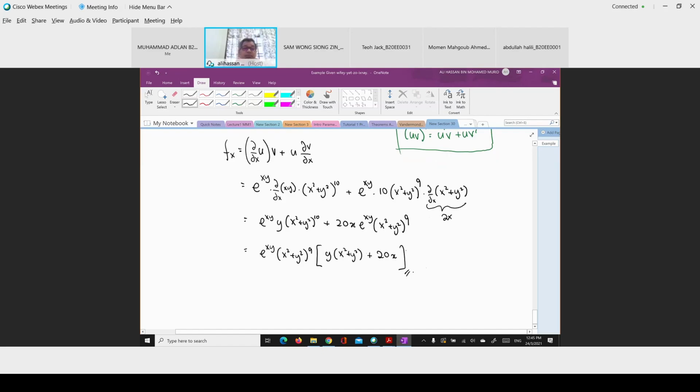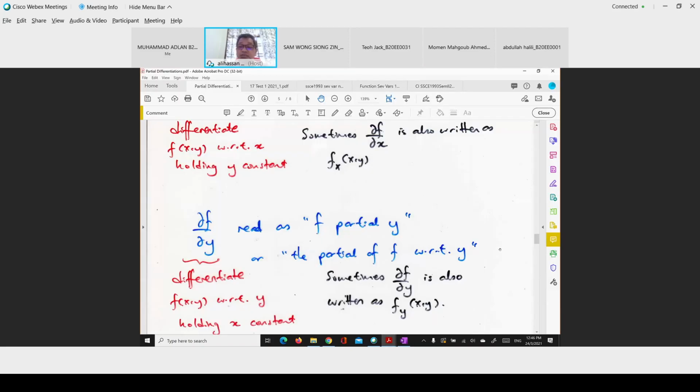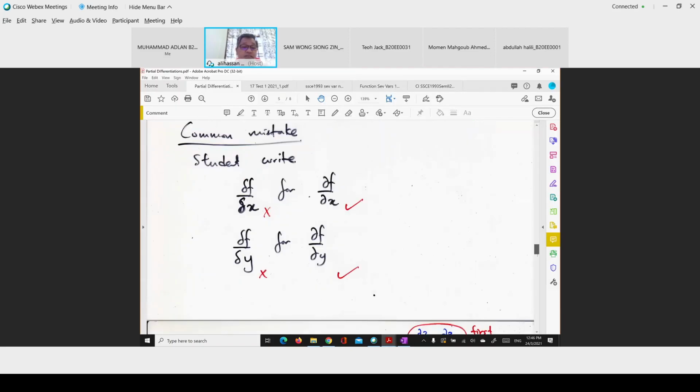Okay. Any question? So these are some examples of partial derivatives. We continue this again next week. Next week I will discuss higher partial derivatives. So far, we have only been looking at the first partial derivatives, f partial x, f partial y.